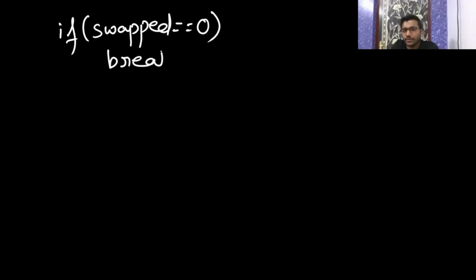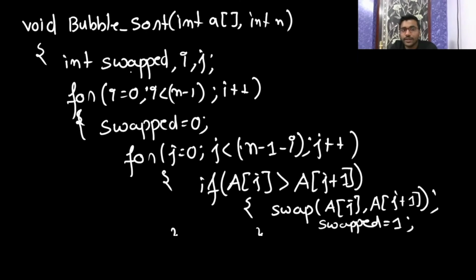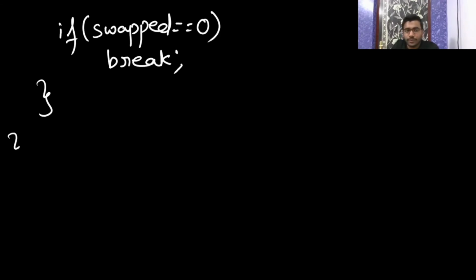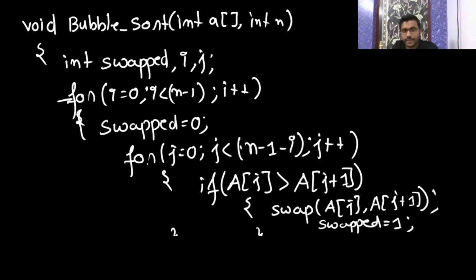I am writing break only. Since I am using the break statement, it will go out of the loop which is enclosing it. Which loop is enclosing it? This outer loop. Understood? Is it clear?